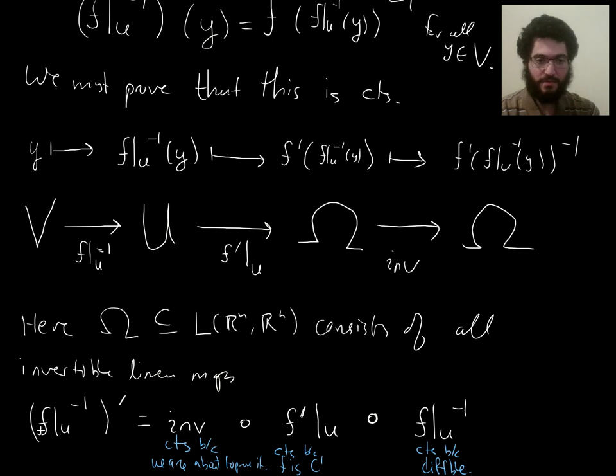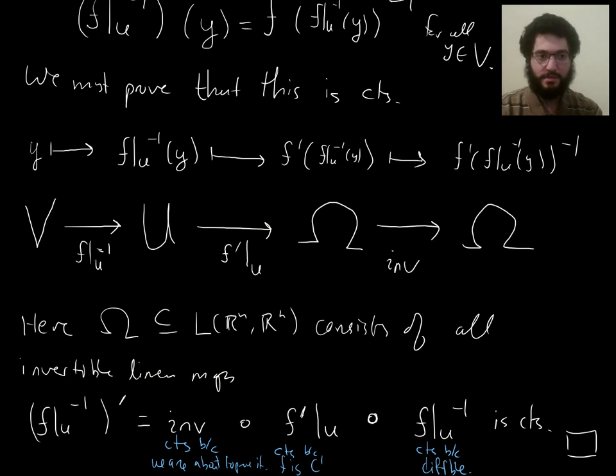Okay, so in the end, therefore, this composite is continuous, and we're finally done. We are finally done proving the inverse function theorem, except for this gap in our course where we have not proven that inv, the taking an inverse of a linear map function, is continuous.